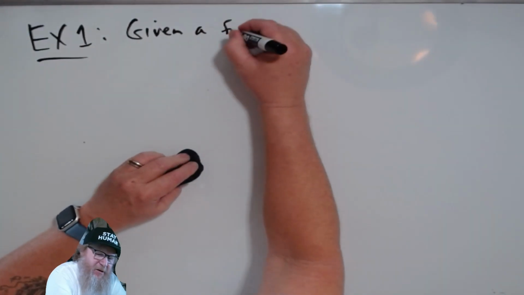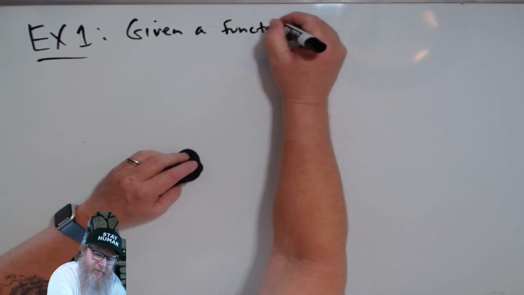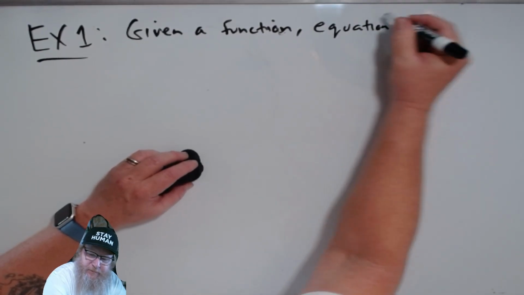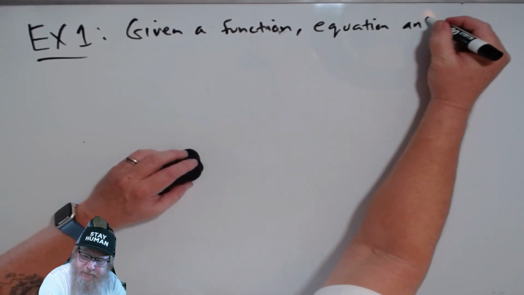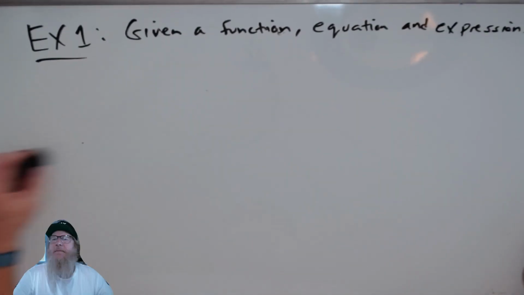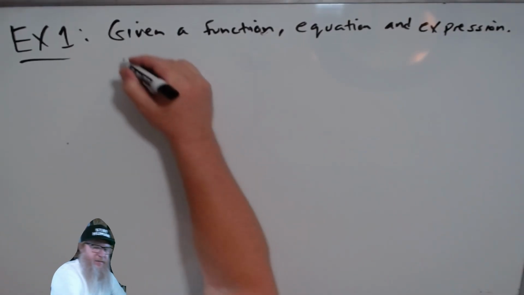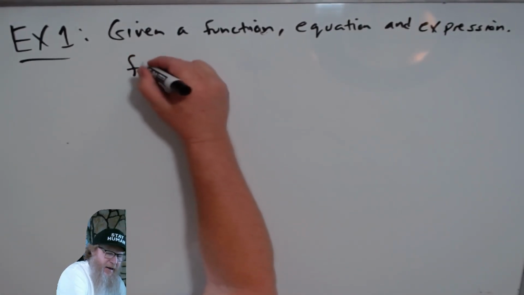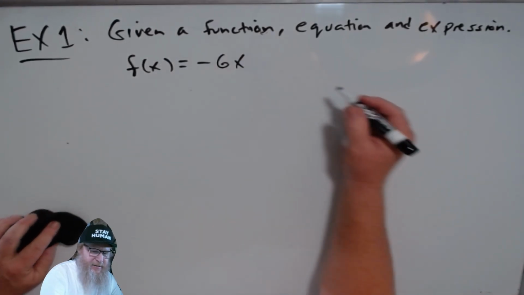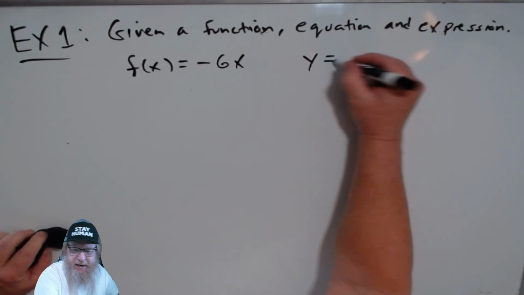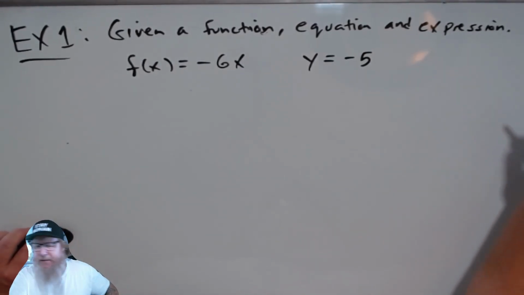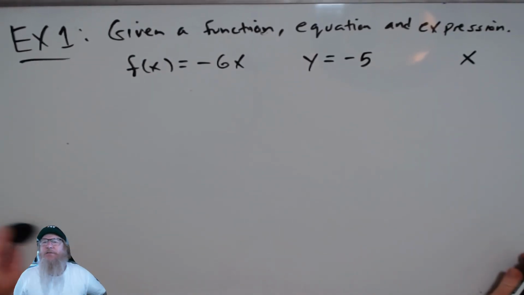Given a function, an equation, and an expression, so let's say f of x is negative 6x, y is negative 5, and an expression just x.